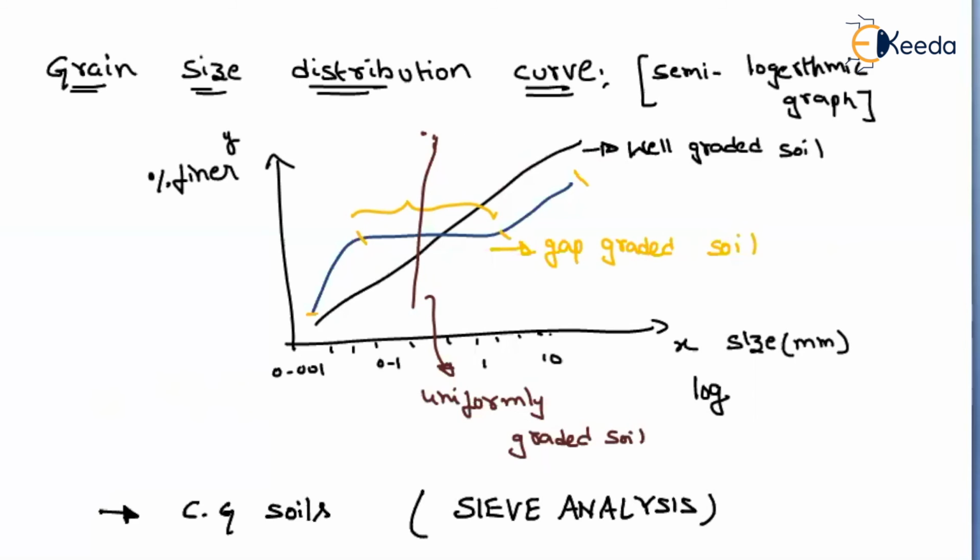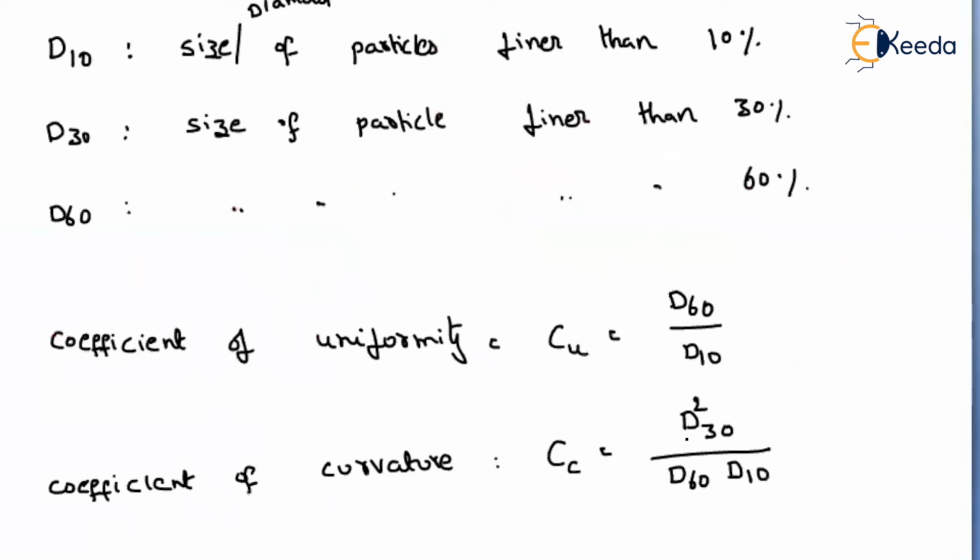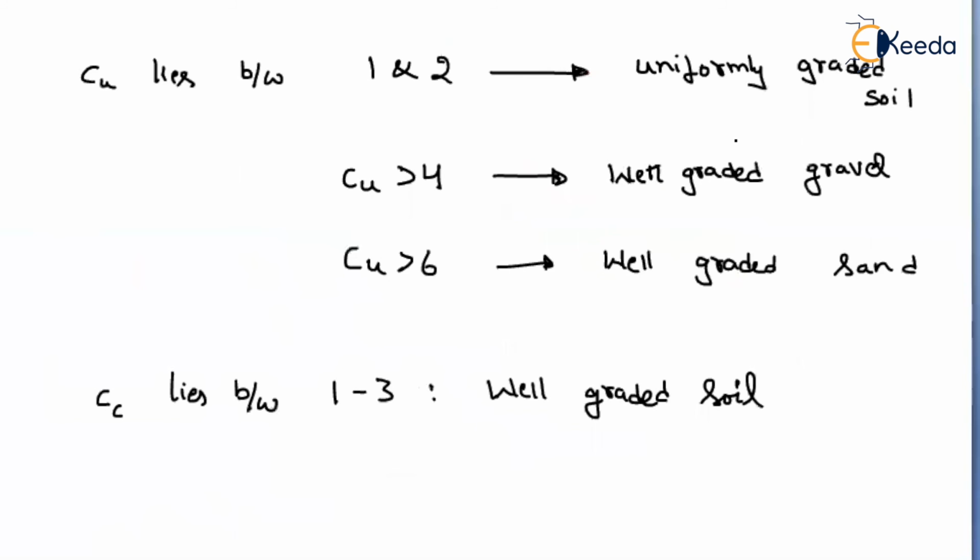From the curve, we will take out some important sizes. Depending upon these three parameters, we define the coefficient of uniformity and the coefficient of curvature. And depending upon the ranges of these two parameters, we define whether your soil is well graded or uniformly graded, and whether it is well graded gravel or well graded sand.